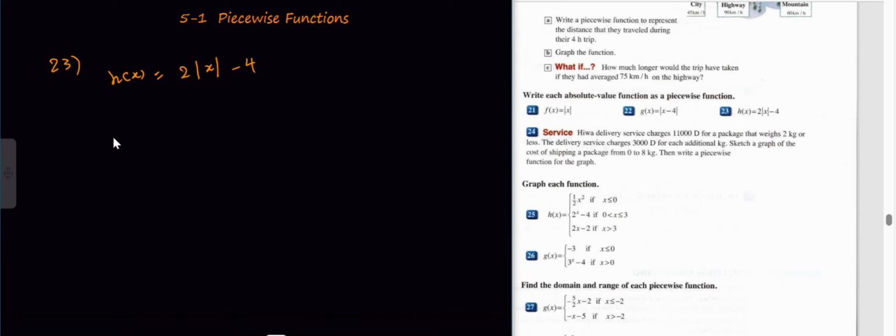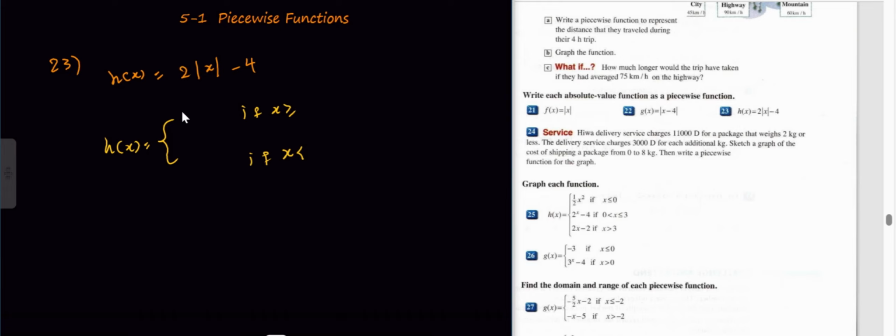Just write the form of the piecewise function. We have h(x) equals. How can we write this one? We said that we are going to look at the inside of the absolute value. First, we rewrite it as itself, and its inverse.